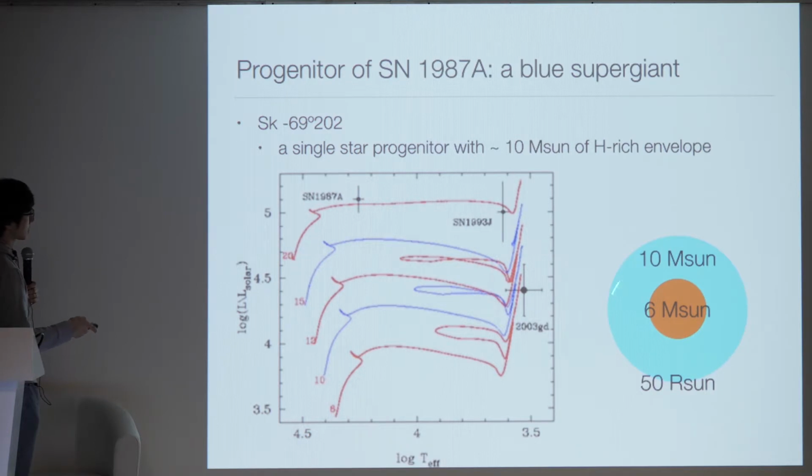The radius is very small. Usually if you have 10 solar masses of hydrogen-rich envelope, then it should expand and die there. But this configuration is really different from what we expect from single star evolution.